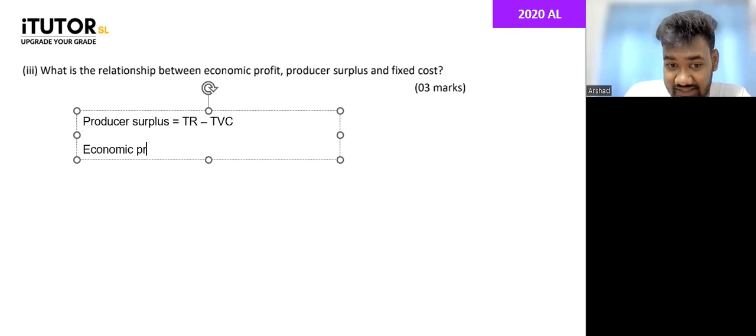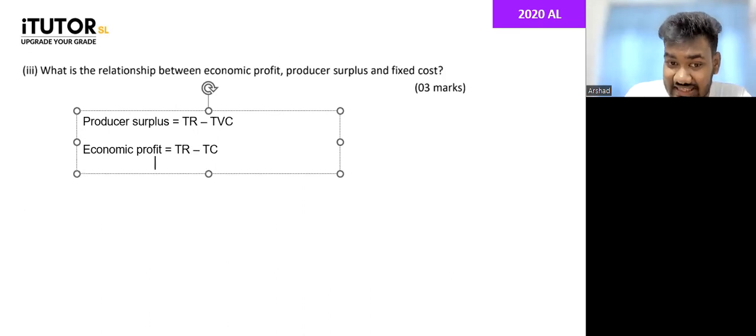Economic profit is total revenue minus total cost. So in other words, that is total revenue minus total fixed cost and total variable cost.